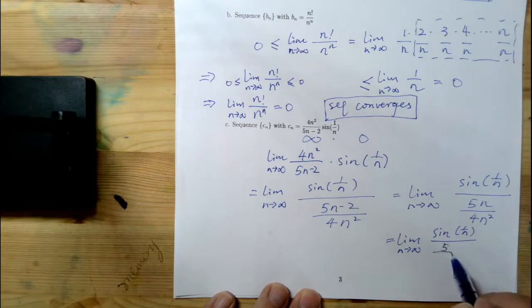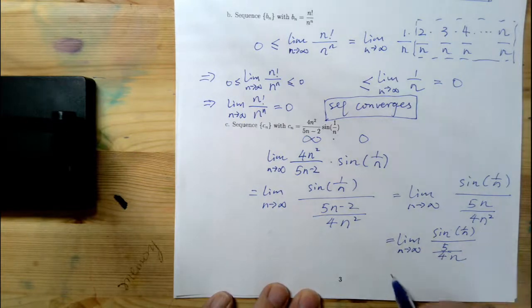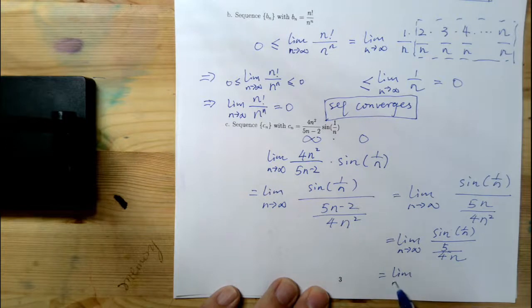Even more, we can take this as 4 over 5 times sine of 1 over n over 1 over n. Basically I bring the constant out.